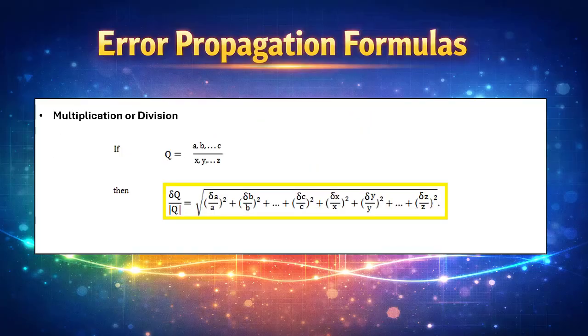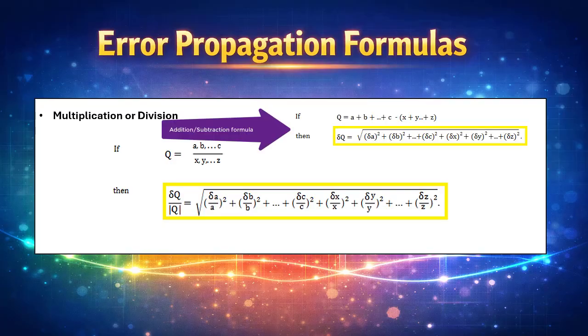Next, let's take a quick look at the multiplication and division formula. When calculating errors, there is no difference between multiplication and division. The formula looks almost the same as the addition and subtraction formula. But while addition and subtraction combines absolute uncertainties in quadrature, the multiplication and division formula combines relative uncertainties in quadrature.